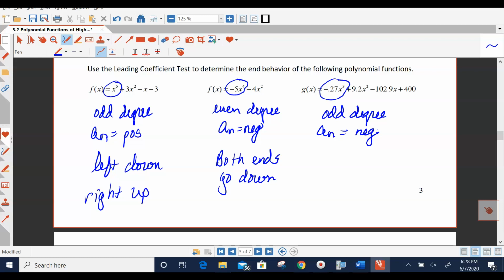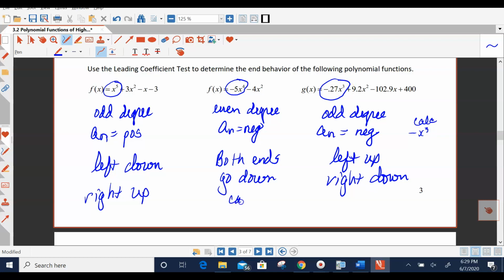Now I'm going to have to take that x cubed, since the front number is negative, and flip it over. So instead of the left going down and the right going up, the left will go up and the right will go down. But if you don't remember, you know what you can do? Just type negative x cubed in your calculator. And whatever happens with those ends is how the ends of this polynomial will behave.